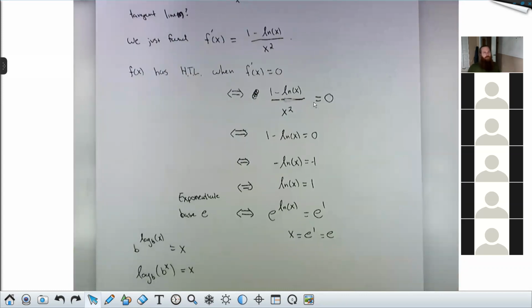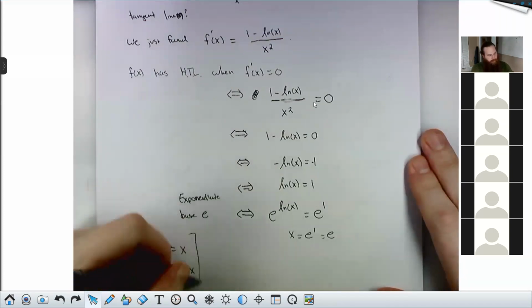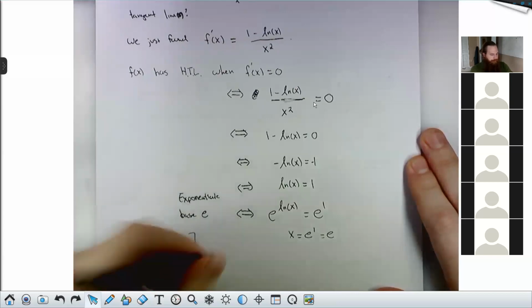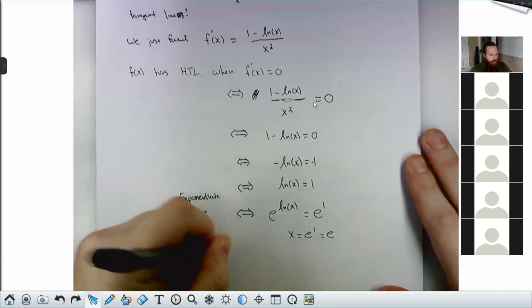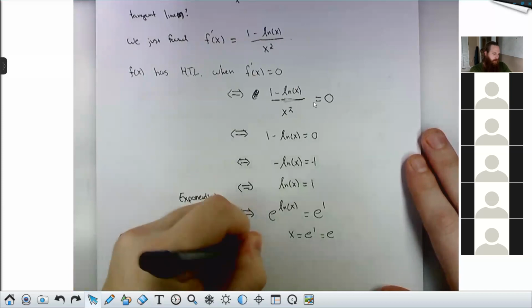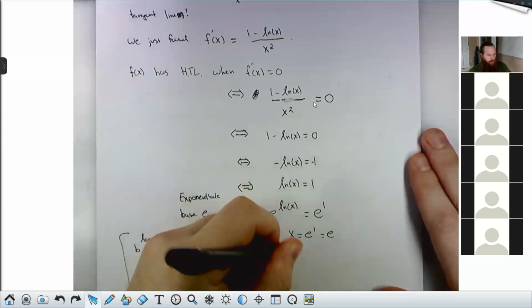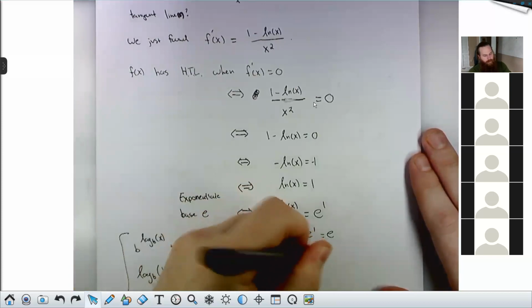Good. So this is definitely a pre-calc thing, the solving of this equation. And now we can conclude that f of x has a horizontal tangent line, just one of them, when x is equal to e.